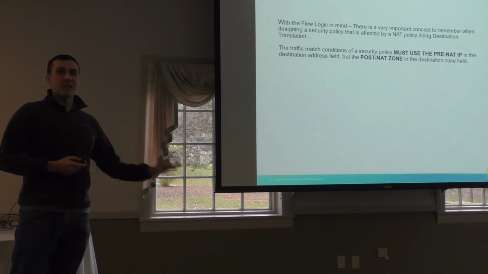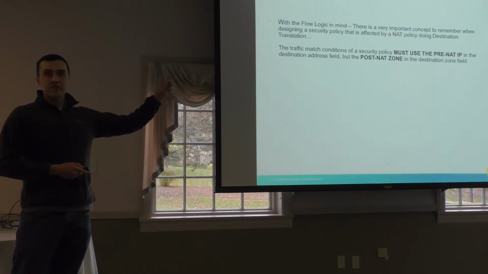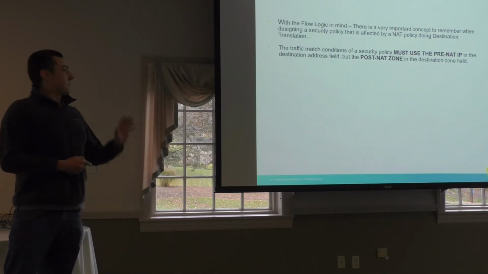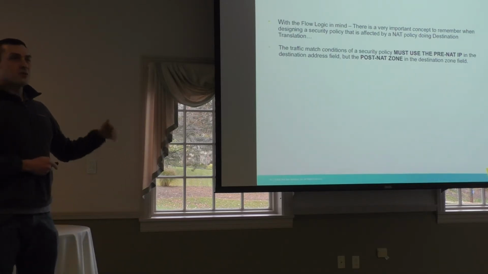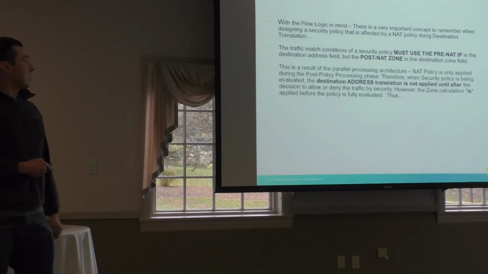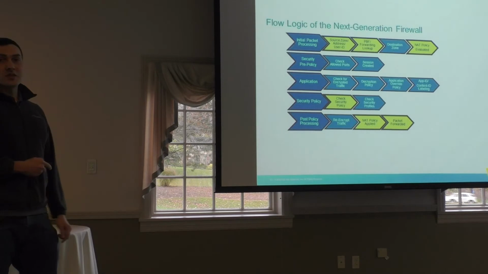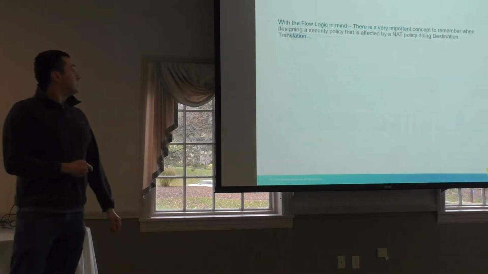If I have a DMZ, I would put the public IP address of my web server there with the DMZ zone instead of untrust internet. It's very confusing at first, but after you do it a couple of times, and as long as you understand that flow logic diagram, you see exactly why you need to do that.